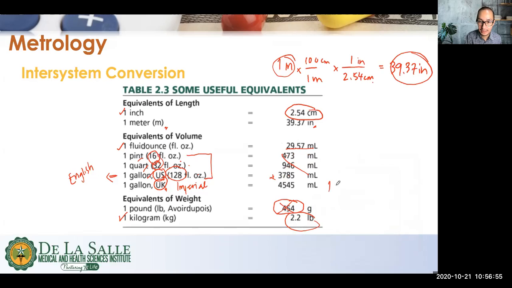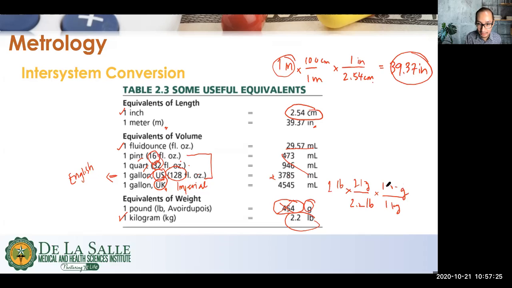Remember that 2.2 pounds are equivalent to a kilogram, and we know that 1 kilogram is equivalent to 1,000 grams.